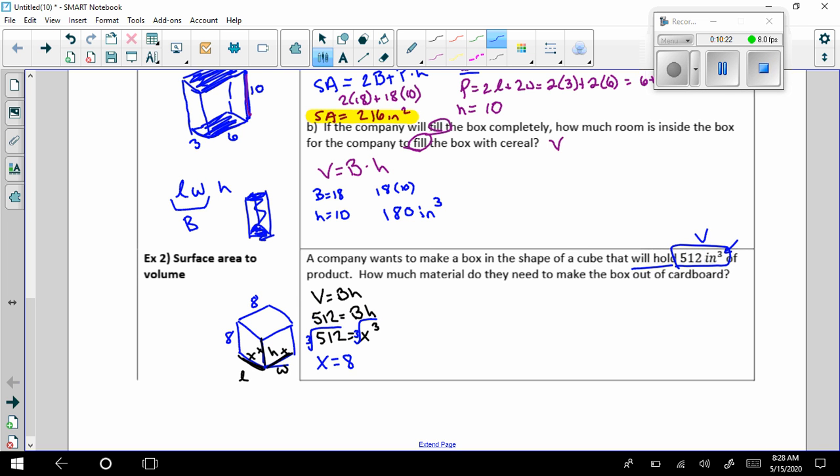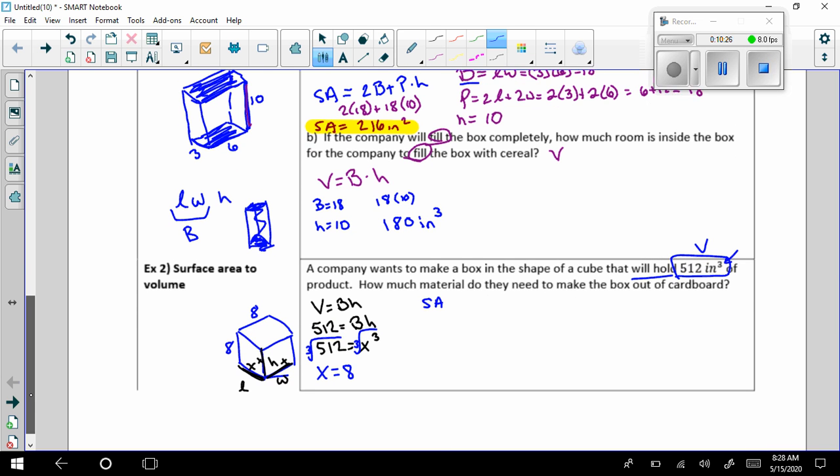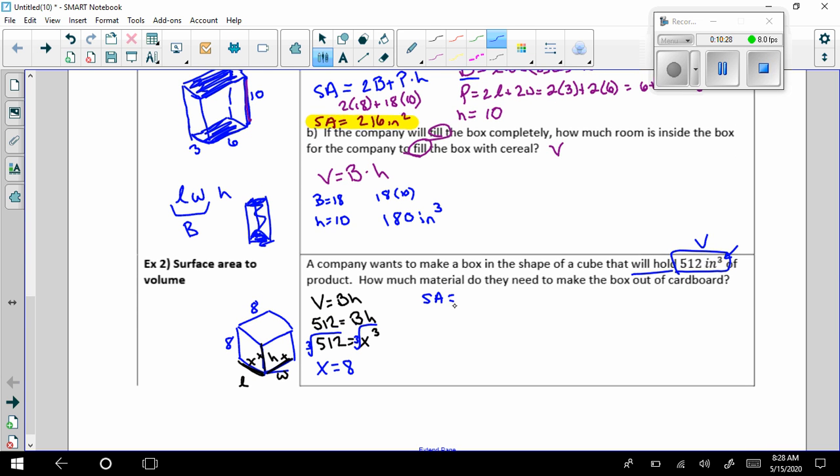All right, so then we can move to find your surface area, which for a cube is even less complicated. You don't have to use that fancy formula. There are 6 sides to this, and they are all the same. They're all 8 by 8 squares. So we have 6 times 8 times 8.